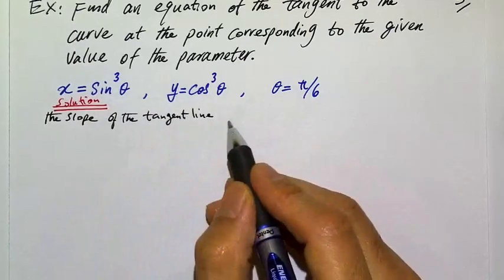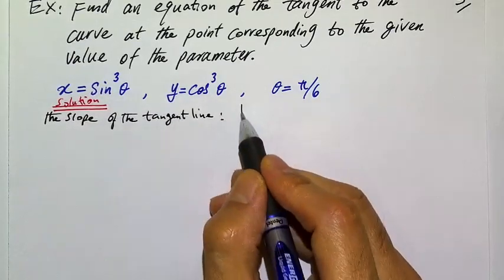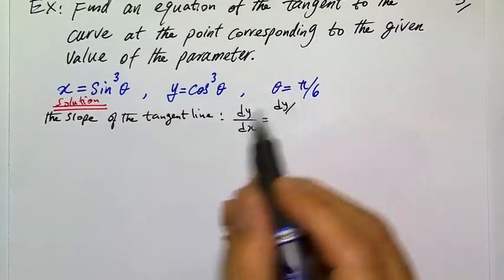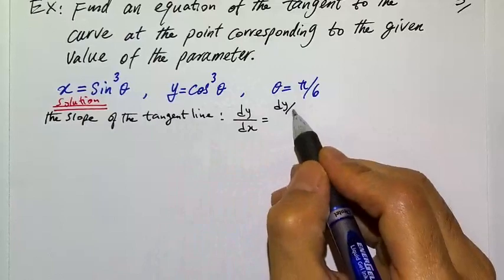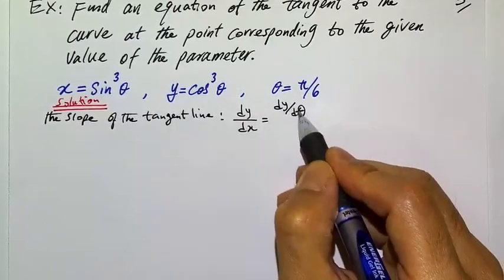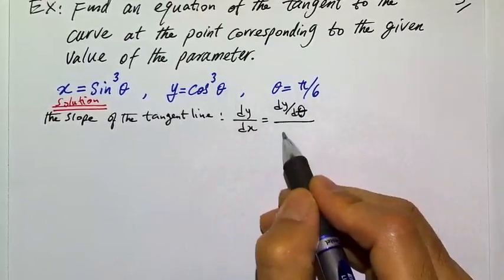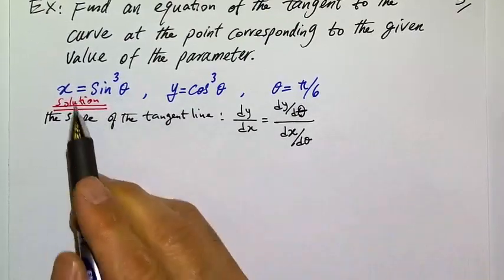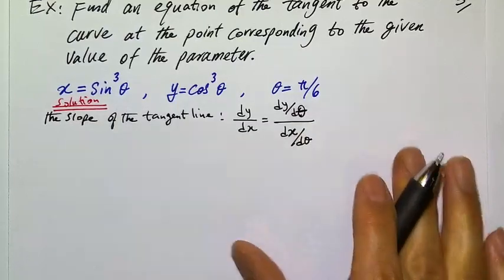So the slope of the tangent line for these parametric equations would be dy/dx, which we can obtain by taking the derivative of y with respect to the variable theta divided by the derivative of x with respect to theta.